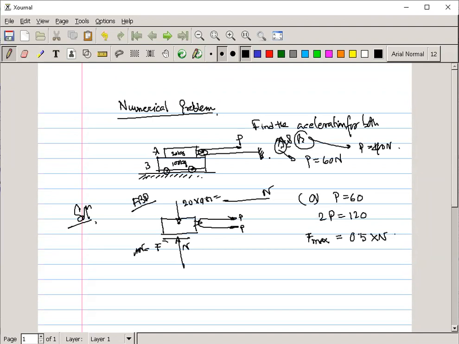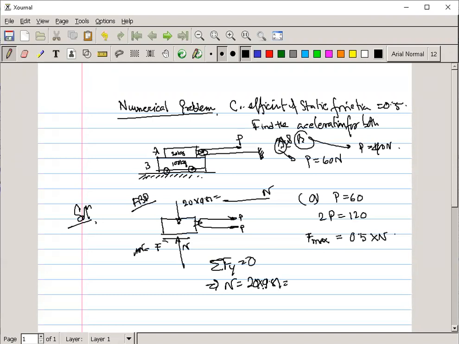Because as per the question, the coefficient of static friction and kinetic friction between the block A and B is given as 0.5. Here if we consider summation of Fy equal to 0, we can write from the equation that 20 into 9.81 is equal to the normal, this value, right?